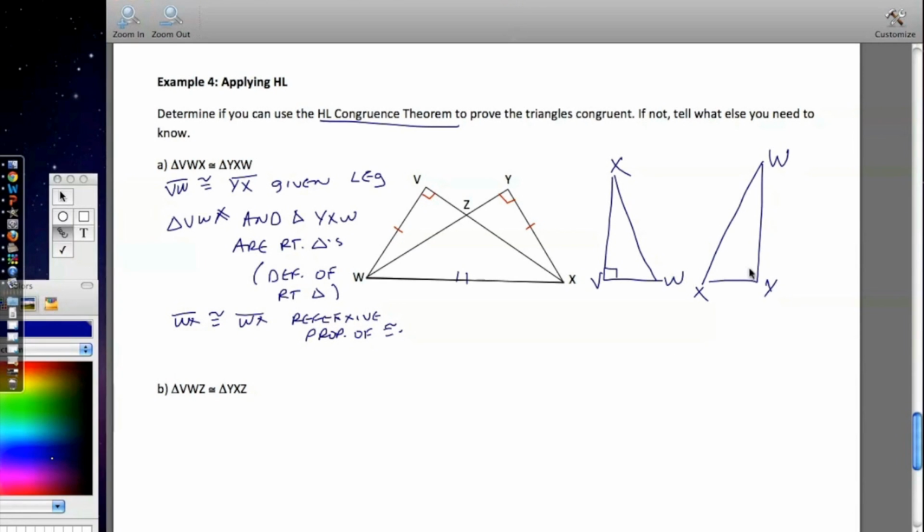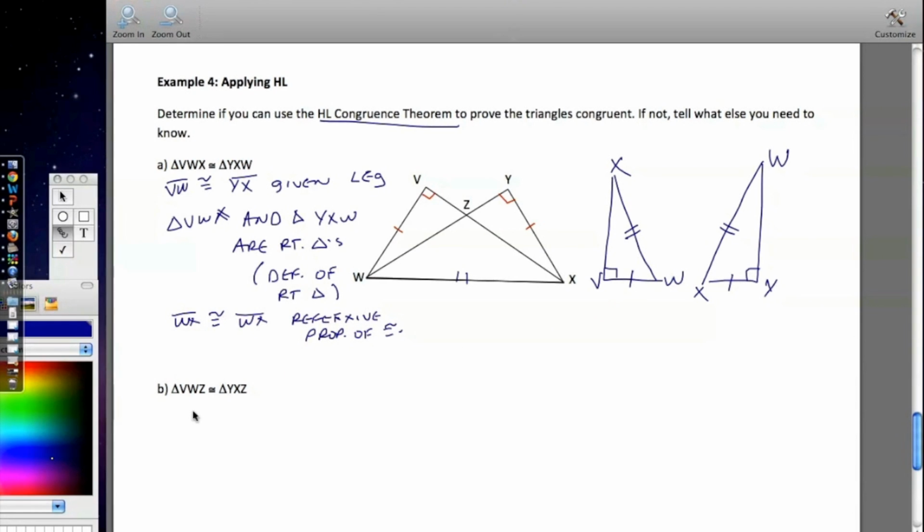Okay, do you see how this works? And so what I've shown is that VW and YX are the same. I've shown that WX is congruent to WX. So I have a hypotenuse and a leg of each of two right triangles.